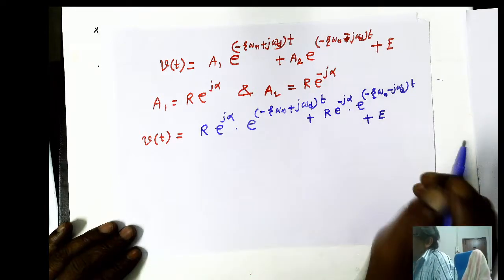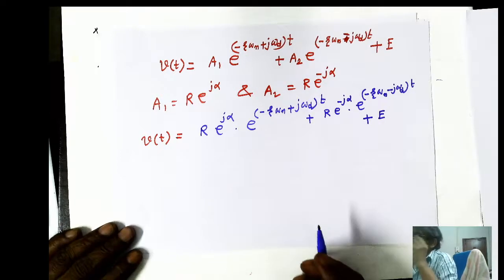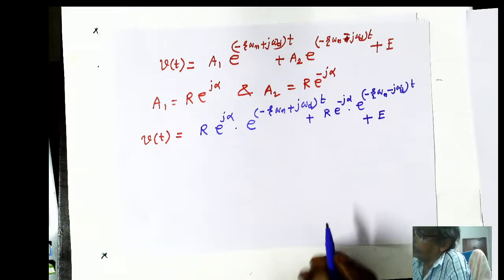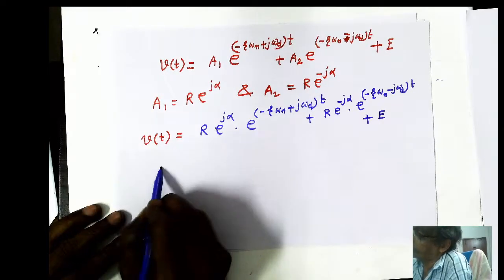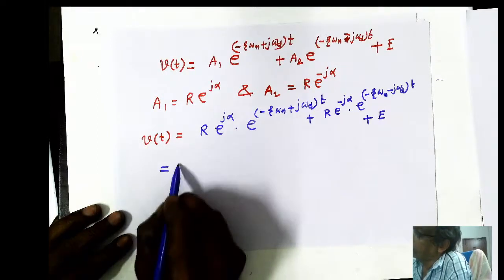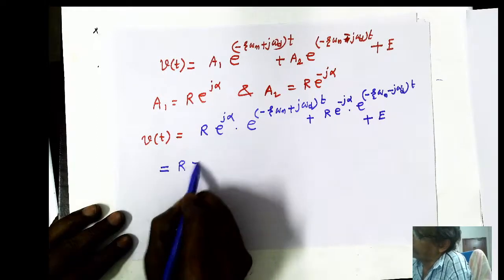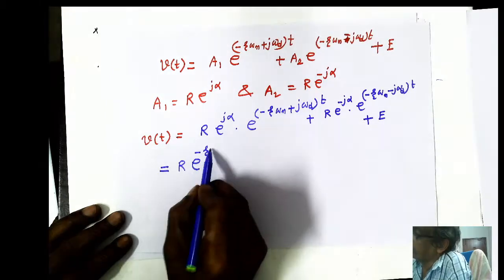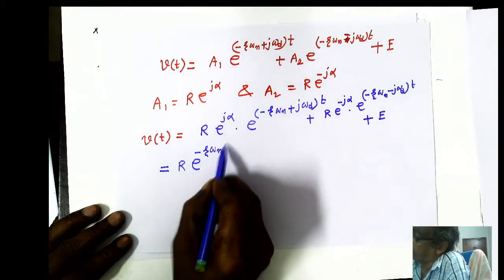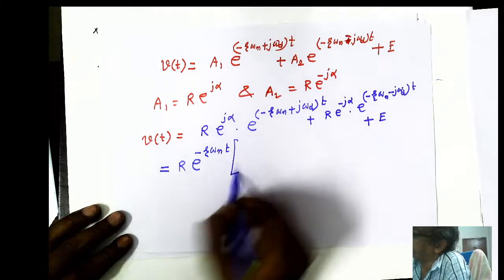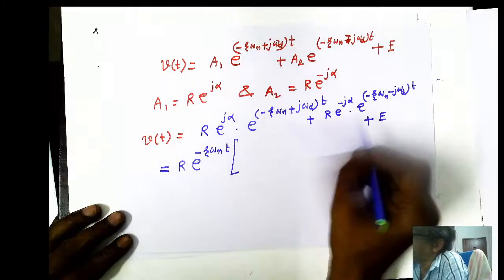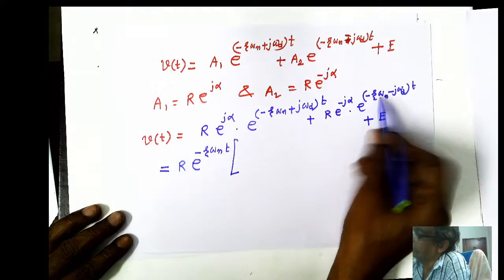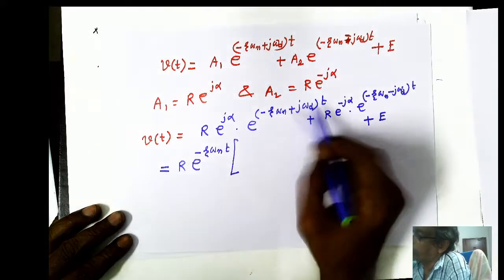Now what I am going to do is this. From this you see R into e to the power minus zeta omega n t can be taken common. This term, e to the power minus zeta omega n into t, open the bracket, bring this out.